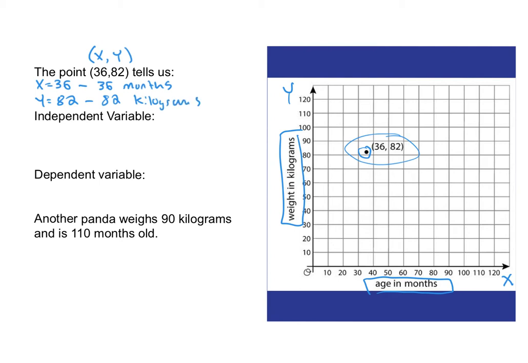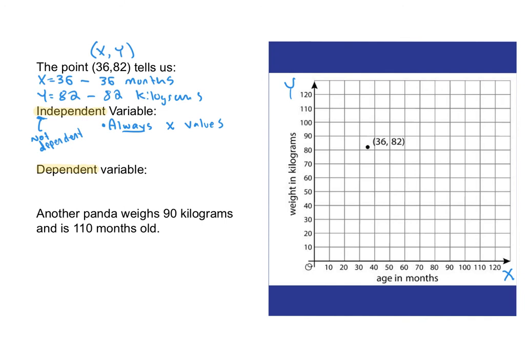Okay. Next, let's talk about the vocabulary of independent versus dependent variables. Independent means not dependent. Our independent variables will always be represented by whatever our x values are.